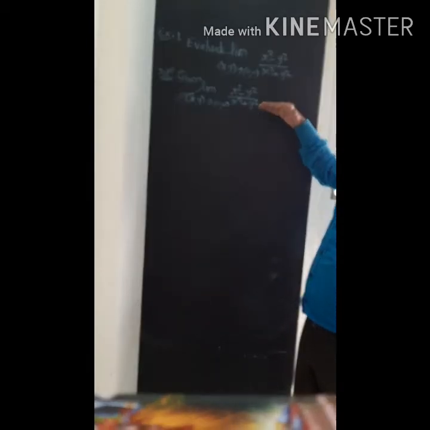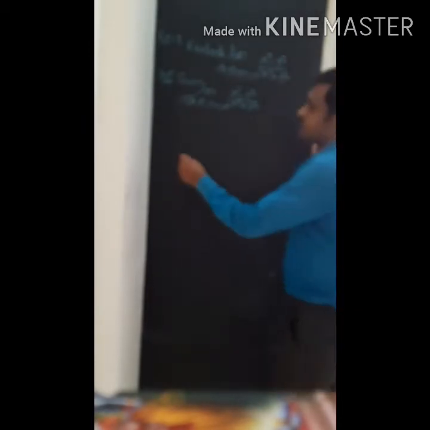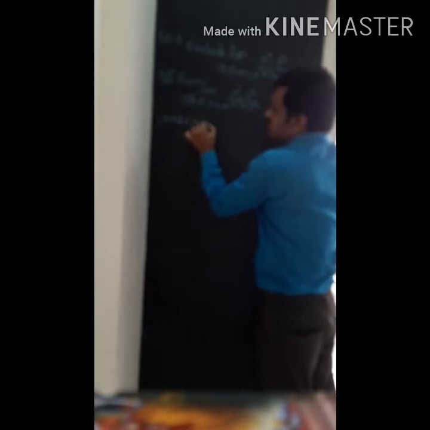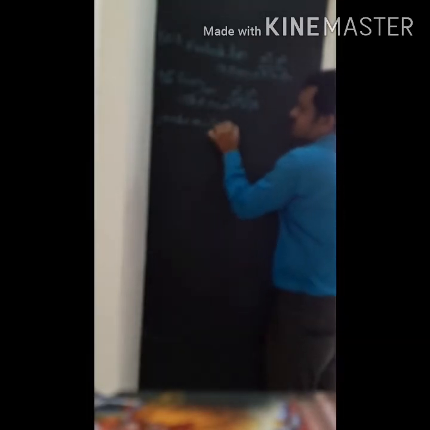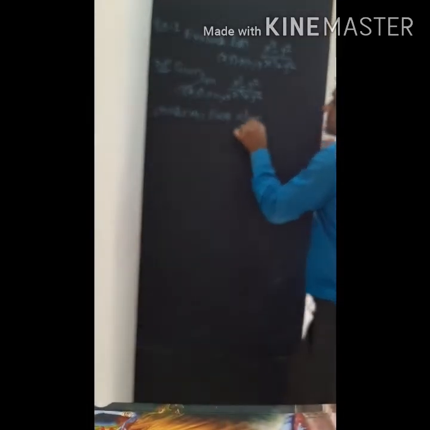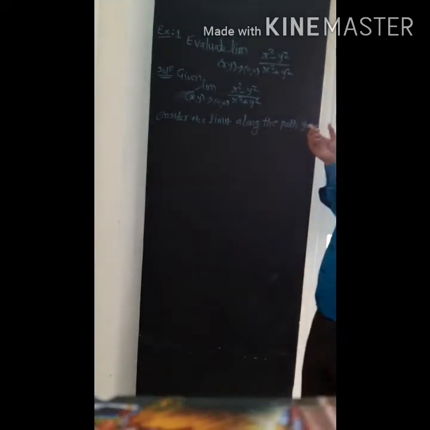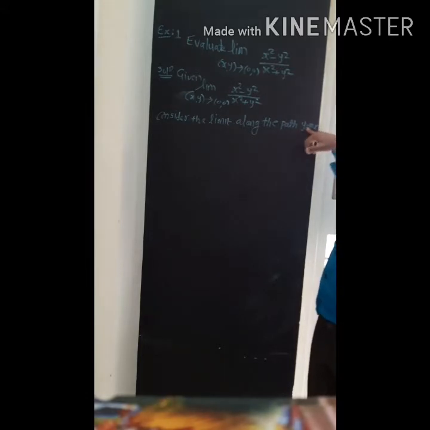Here, consider the limit along the path y is equal to mx. Y is equal to mx is a straight line with m as a parameter.